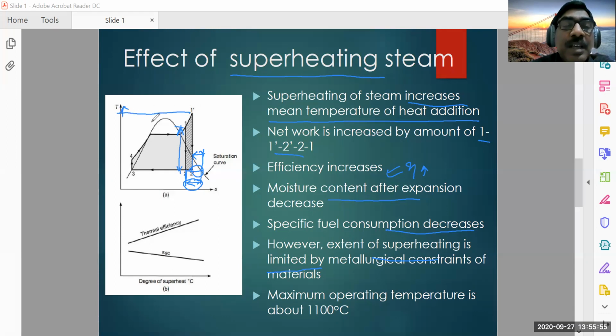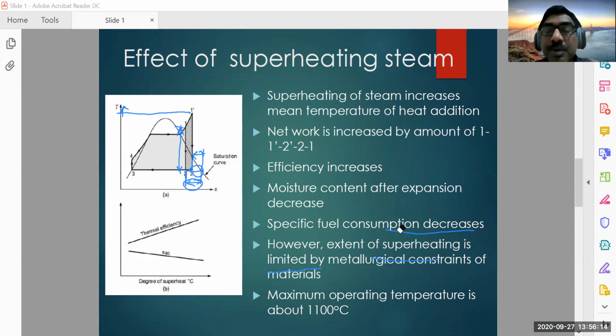If a very high temperature is used, then there will be a problem of material deterioration. So you cannot add as much heat as you want. You have to add only some heat within permissible limits.